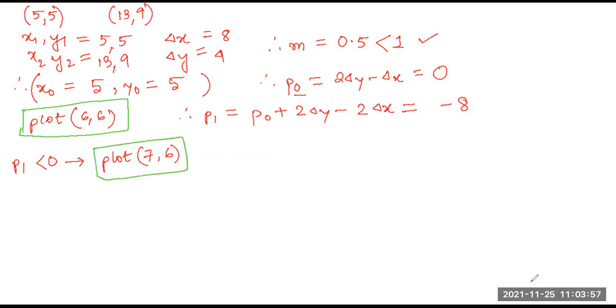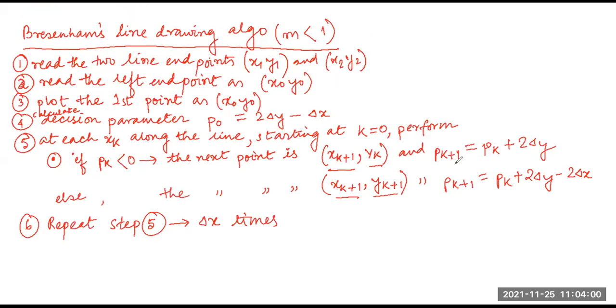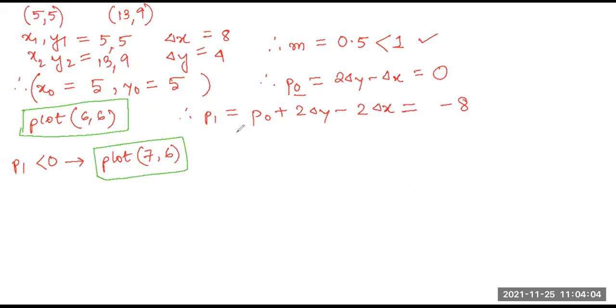Again, the updated value of P is old P plus 2 del y. The value of old P is -8, so the new value P2 is 0. Now what will be the next plot? 8, 7.